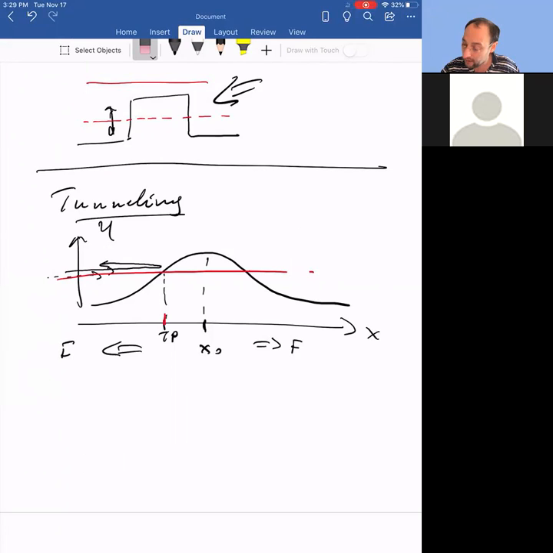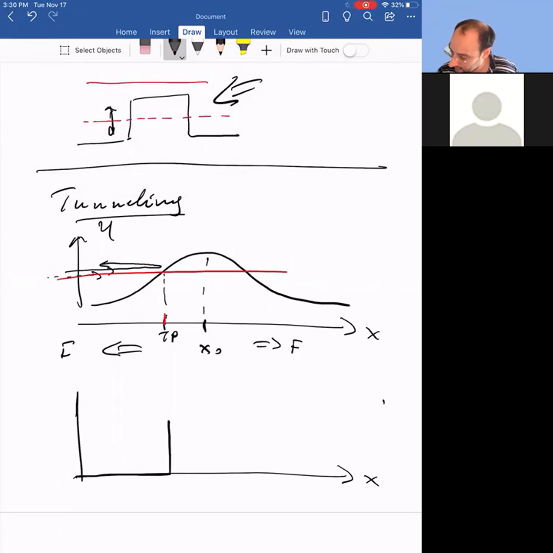And if we have something artificial for the purpose of making it easier for us to calculate, something artificial like this, let's say the potential energy graph. So this is more realistic, and this is a model.